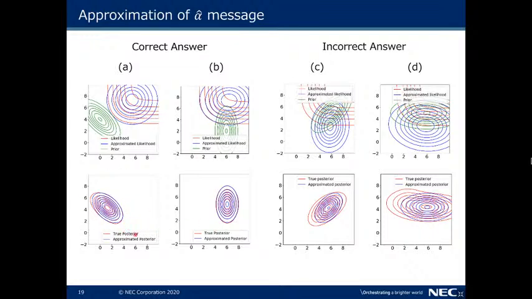You can see our approximated posterior is very accurate in the correct answer case. Compared to that, the incorrect answer case is slightly different from the true posterior. In the incorrect answer case, the variance is underestimated, but the mode of the distribution is very correct, I think.